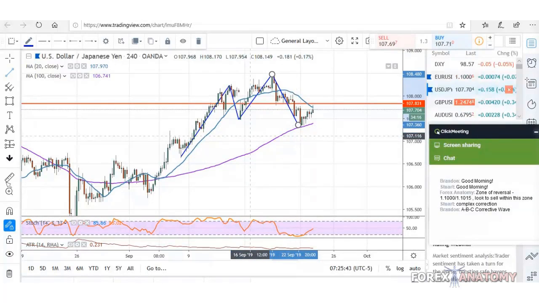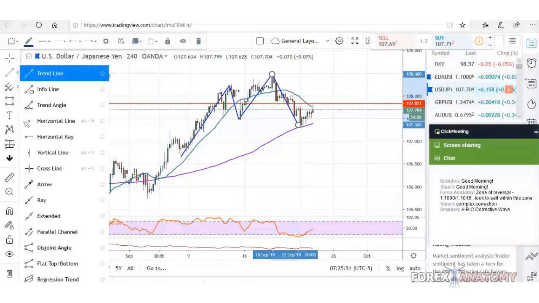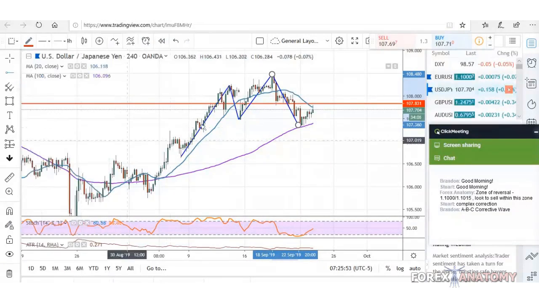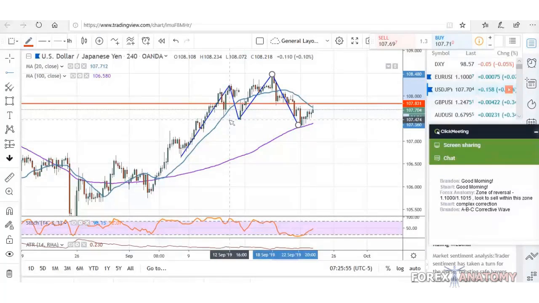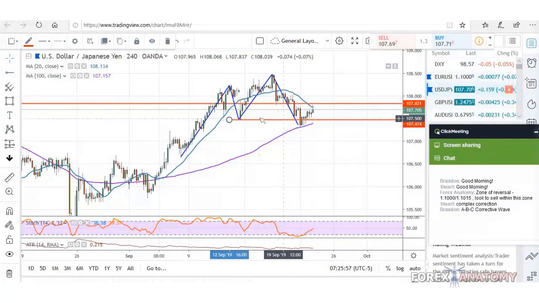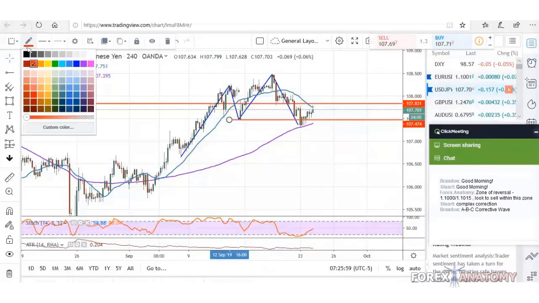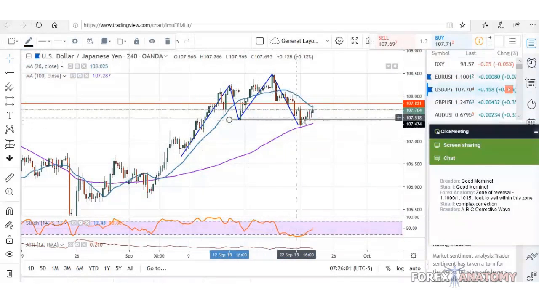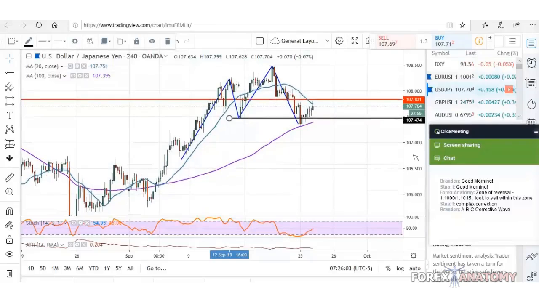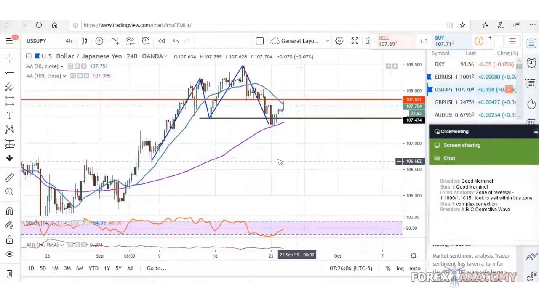So from this chart right here, we can see that price broke and closed below this low right here. Let me change the color. It broke and closed below this low. So right now, what we need to do is look for an opportunity to enter a short on bearish confirmation.